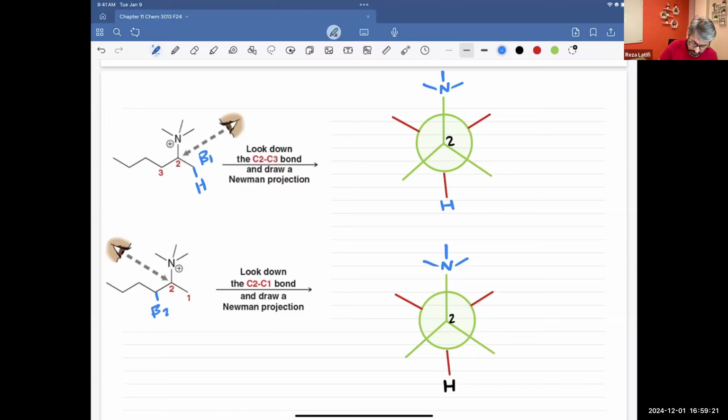Or forgive me, because of the way we're looking at the bond, this hydrogen is going to be beta 2, and this hydrogen, on carbon number 1, will be beta 1.